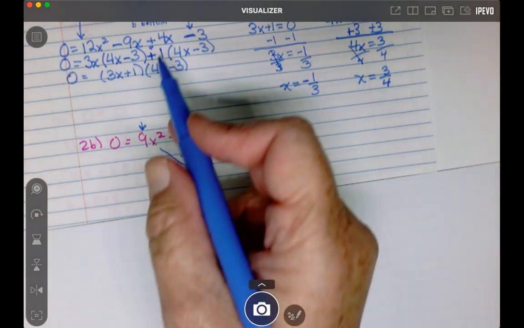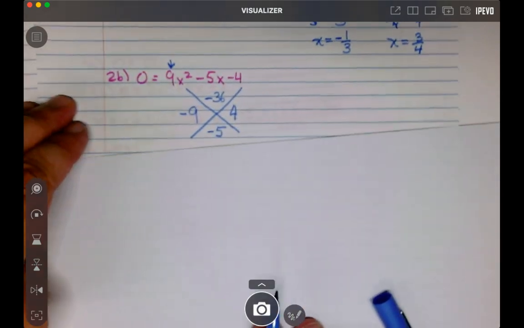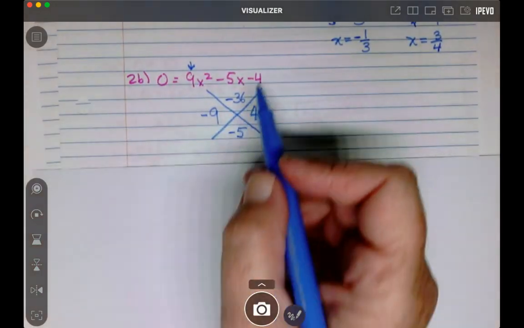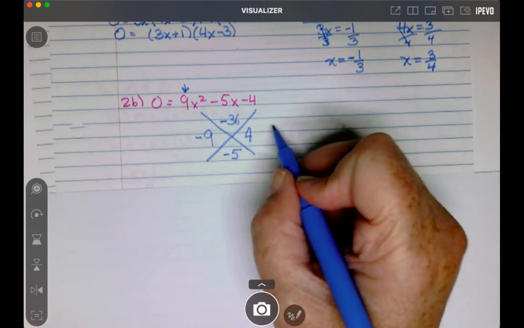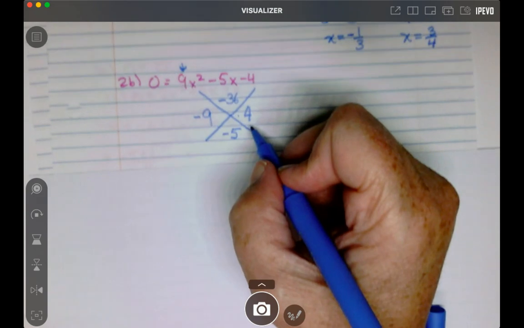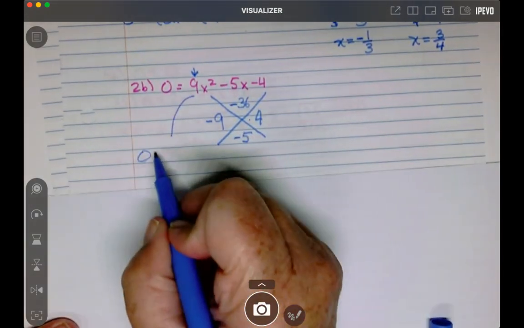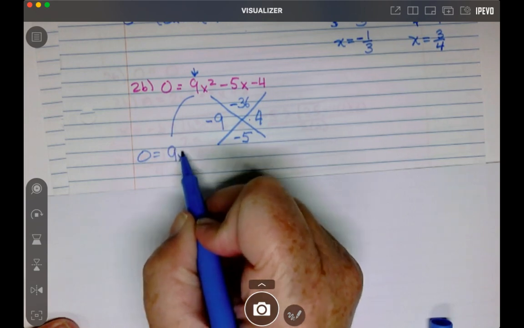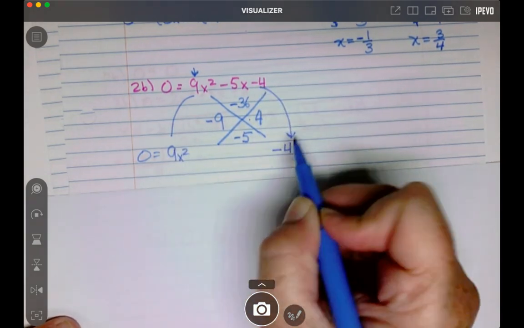And it doesn't continue that way, though, because when we do the bring down step, things are a little bit different. Okay, so just like the other problem, we can use this negative 36. A negative 9 times a positive 4 gets me negative 36, and they add to negative 5. So now my bring down step, bring down my 0. I bring down my 9x squared, and I bring down my negative 4.